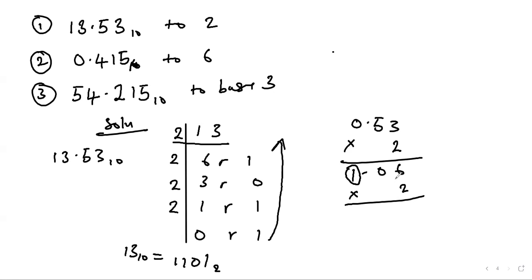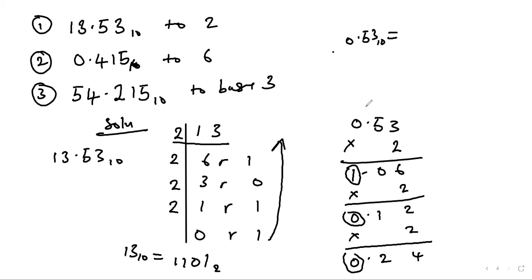will give you 0.12. So we multiply by 2 again. 2 times 0.12 will give you 0.24. Me, I'll stop there. That's enough for me. So 0.53 base 10 is equivalent to this one.